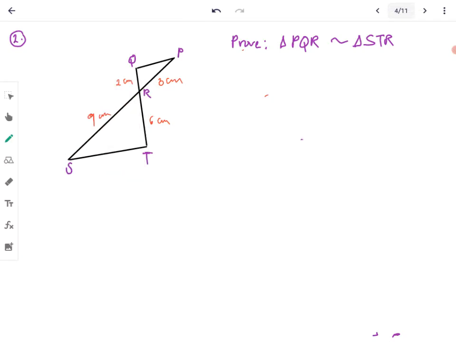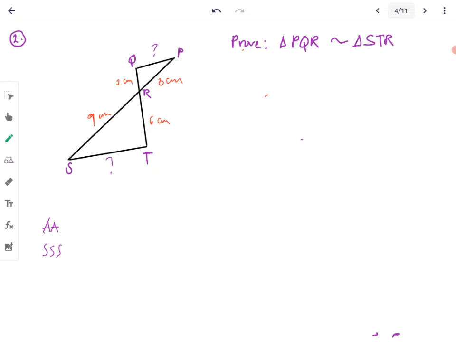If we're going to test AA, we cannot use the AA similarity test because the given measures are not angles. We cannot also use SSS because QP and ST are unknown.